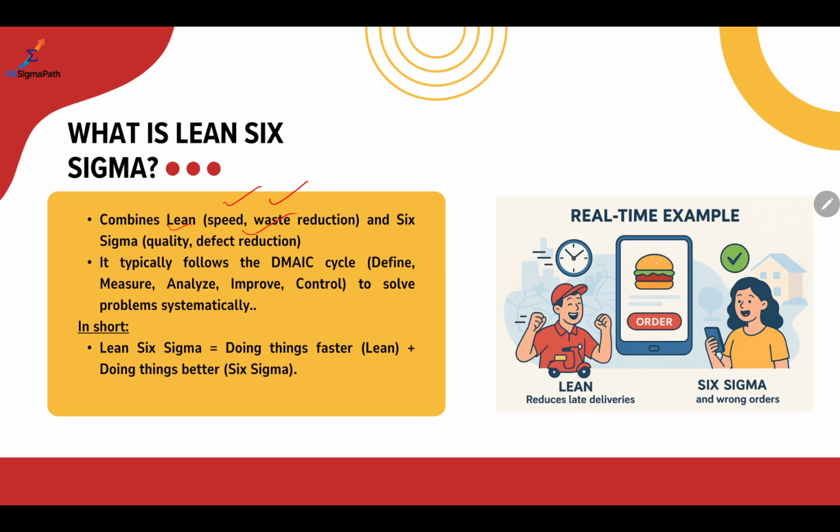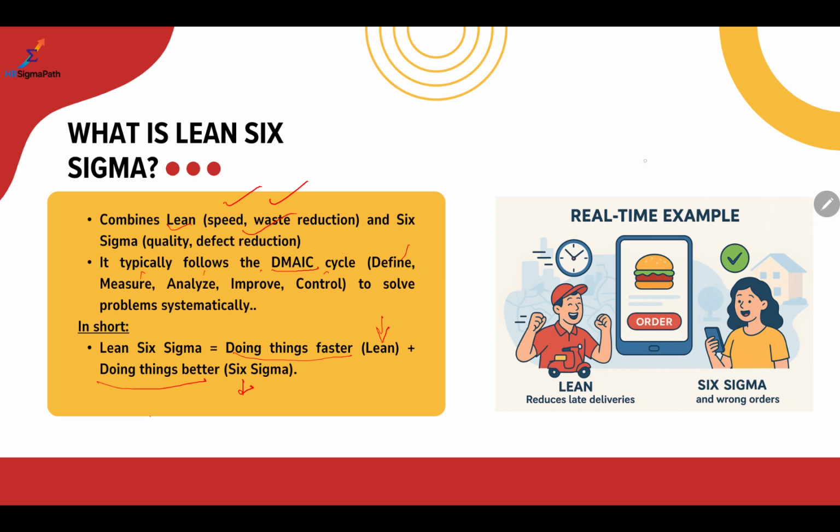It typically follows the DMAIC method, which comes from Six Sigma, and that has define, measure, analyze, improve, and control to solve the problem systematically. So in short, Lean Six Sigma is doing things faster with Lean and doing things better with Six Sigma.